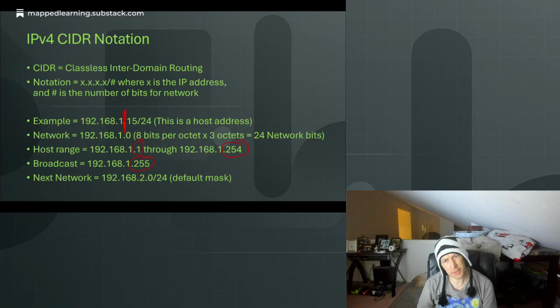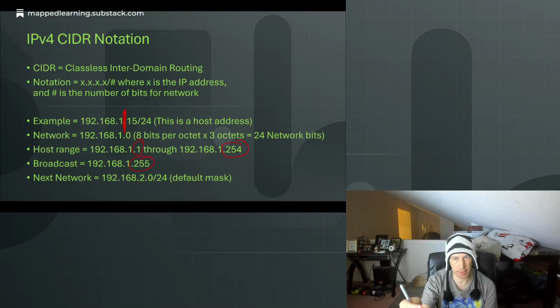Now, if we take this broadcast address of 255 and we add one binary bit, well, 256 doesn't go into an octet. And just like in decimal numbers, when we go from 9 and we add 1, well, there is no single digit that you can add to 9 and get the next number. So we have to change that number to 0 and carry the 1 over to the left.